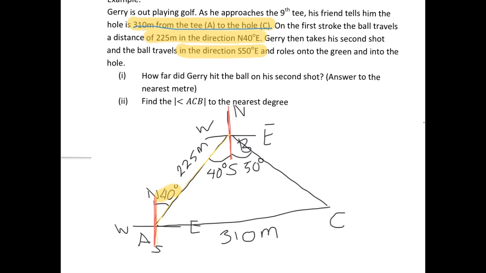Which means that if we look at the angle at B, this angle here, it's equal to 40 degrees plus 50 degrees, which is 90 degrees. Which means that the angle at point B is actually a right angle.